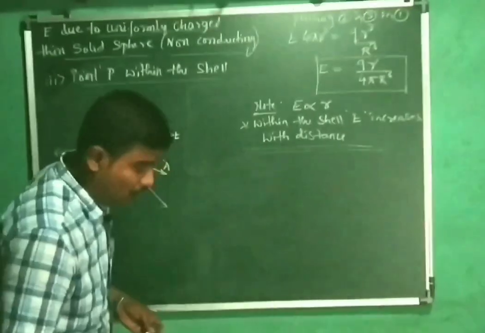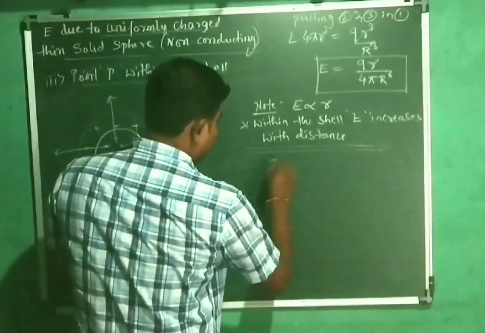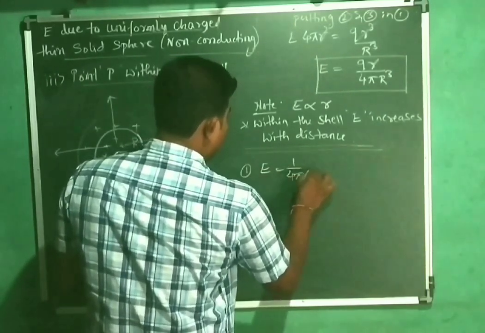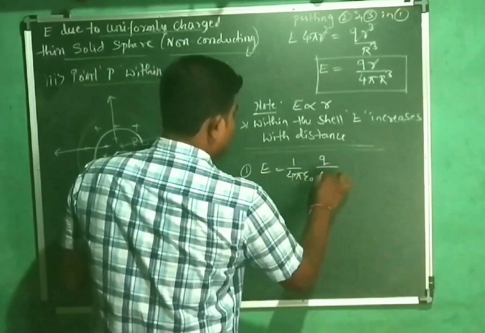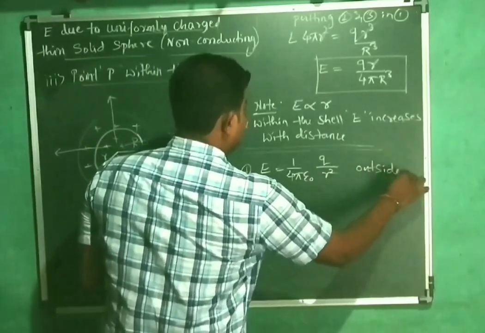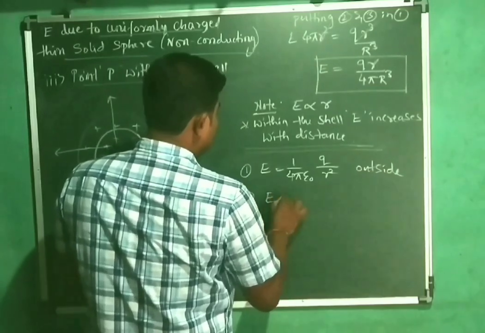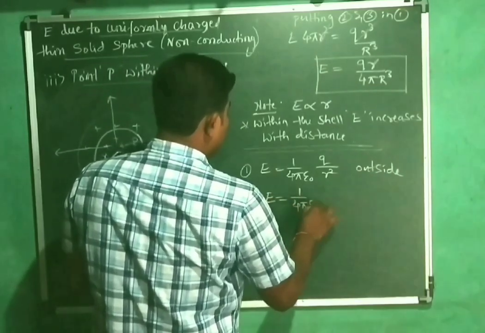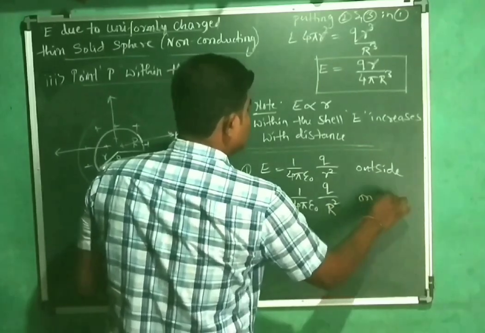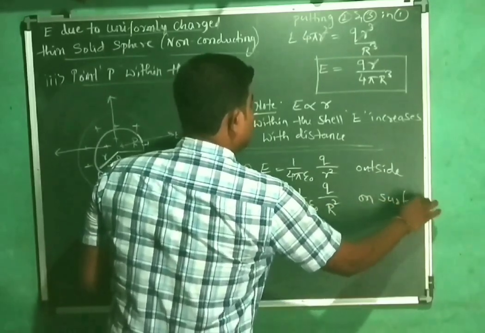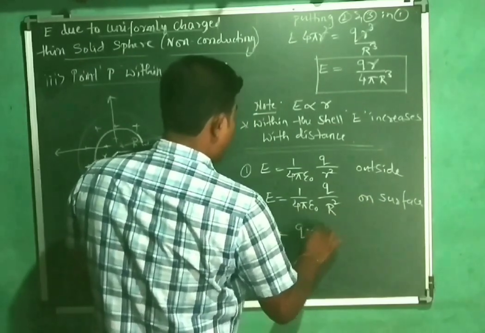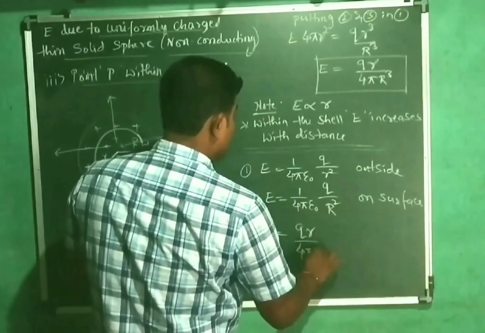Once again recollect all the three cases, my dear students. First case, E is equal to 1 divided by 4 pi epsilon naught Q divided by r square. This is outside. And second case, E is equal to 1 divided by 4 pi epsilon naught Q divided by r square. This is on the surface. And third case, E is equal to Q r divided by 4 pi R cube.